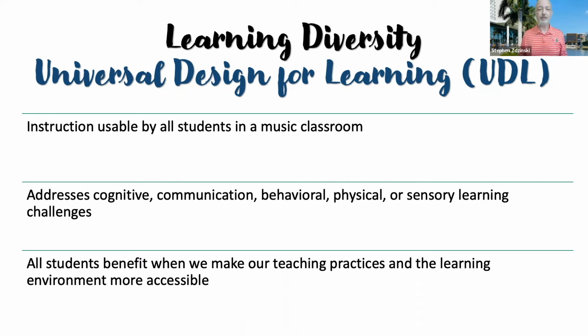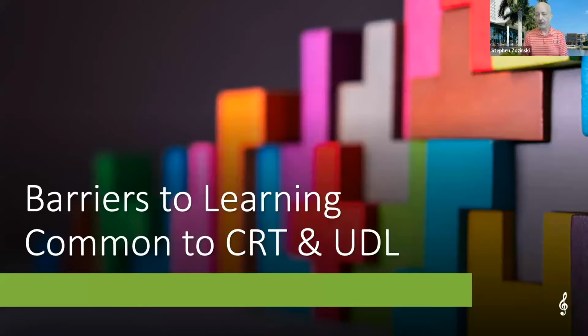It addresses sensory challenges, physical challenges, communication, cognitive, and behavioral challenges. And when we address all the challenges as part of our instructional planning, we make the teaching accessible to all students rather than just the typical student. Again, we think that these approaches go together really well.